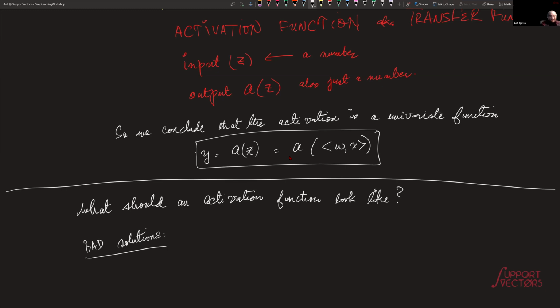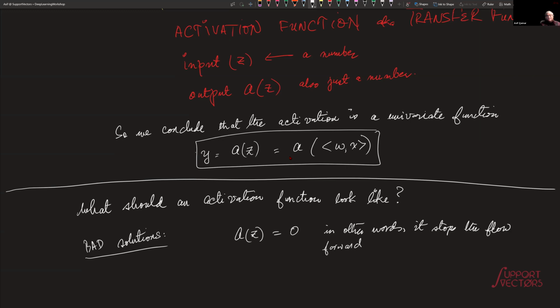Bad solutions could be, suppose you say that the activation function A of Z is equal to 0. What does it mean? The output is always 0. Would such an activation function be of any use? No. Generally it wouldn't be. In other words, it stops the flow forward.